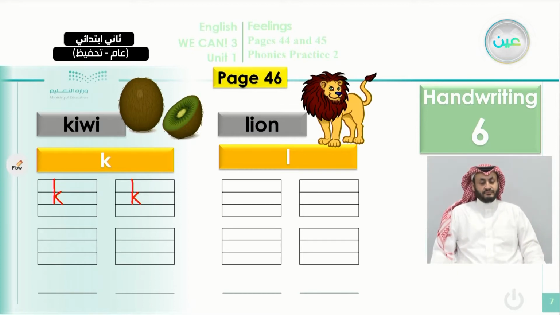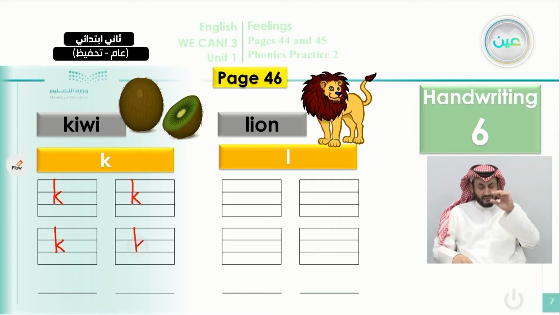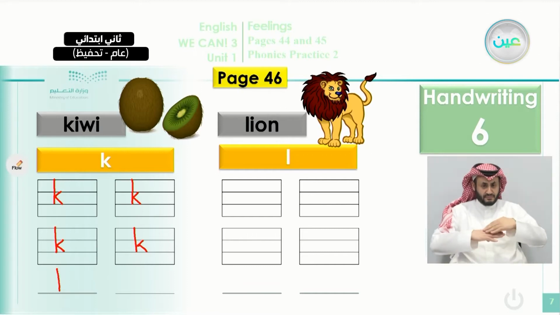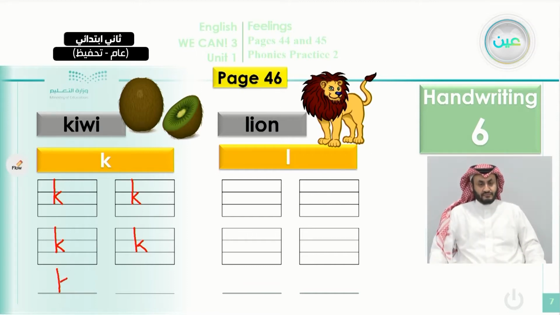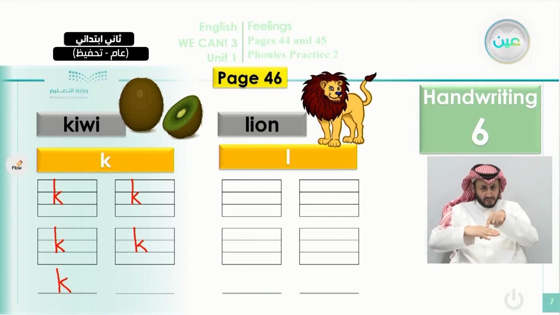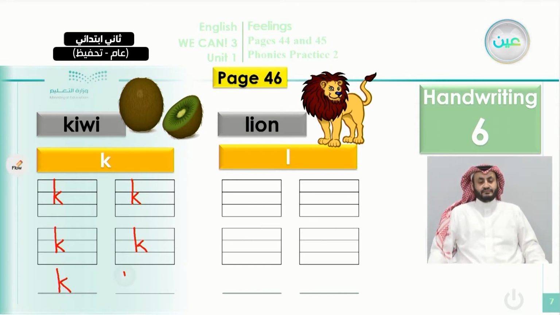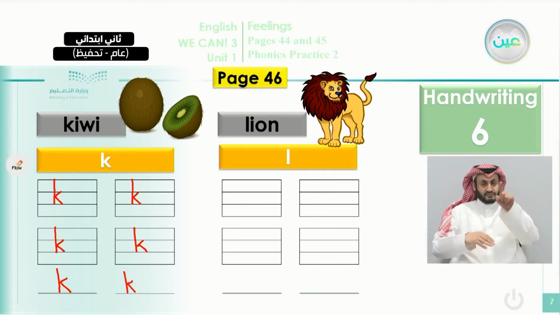This is K. And we write it here also, K. Be careful not to mix it with the capital letter as we said before. Okay, K. This is the K. Okay, if you write it on one line, you make it above the line, as we said before. All letters are to be written above the line except 5 letters. We'll come to them later on, inshallah. Okay, so this is the K.